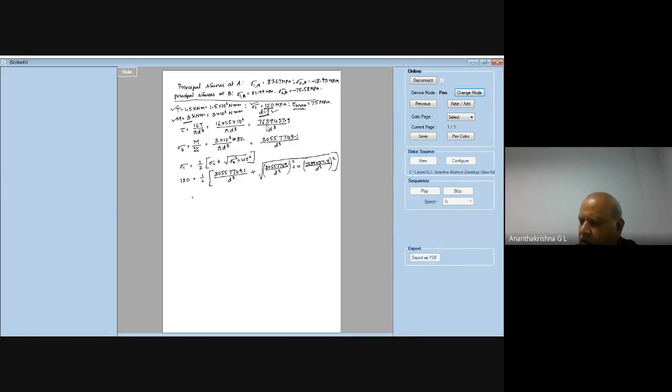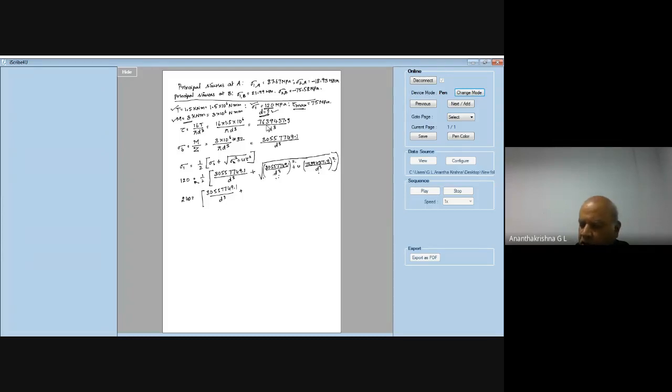Now I can cross multiply these to the left hand side, so 240 is equal to 30557749.1 by d cube plus root of d cube whole square common.